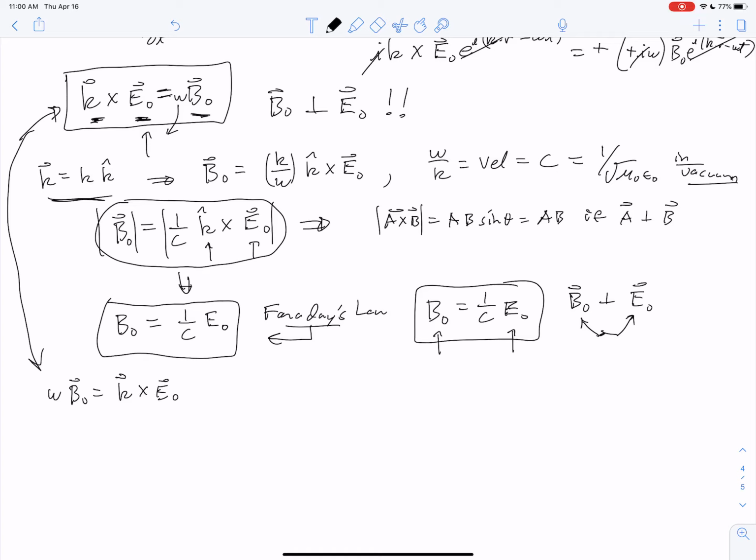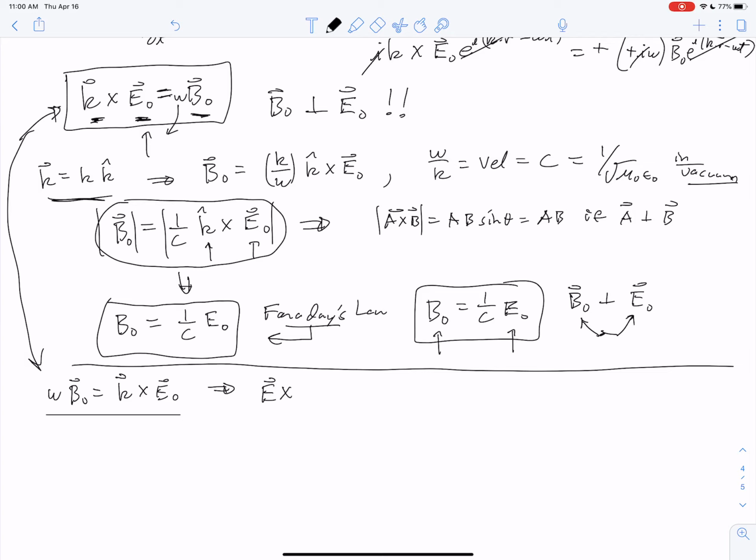What I want to do is derive one more constraint on the directions, and let's do it this way. This is what we got from Faraday's law from back up here, as you see. Let's cross it with E on both sides.